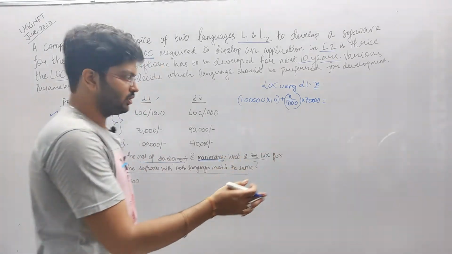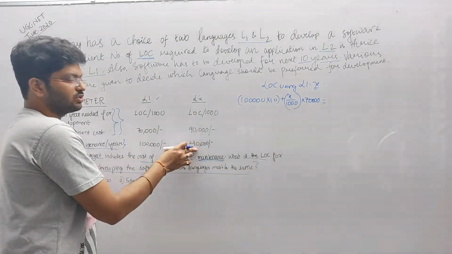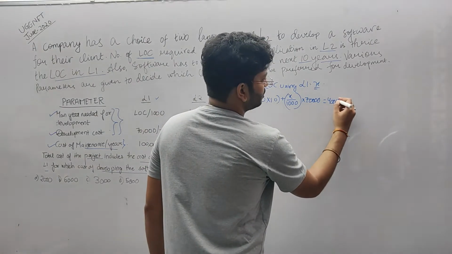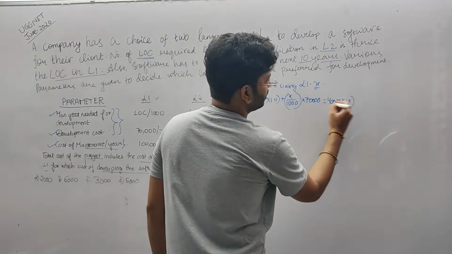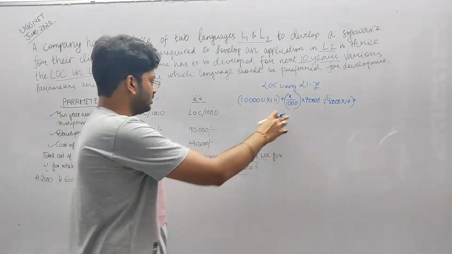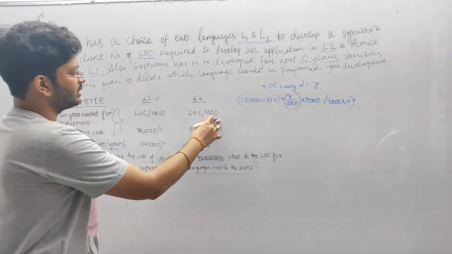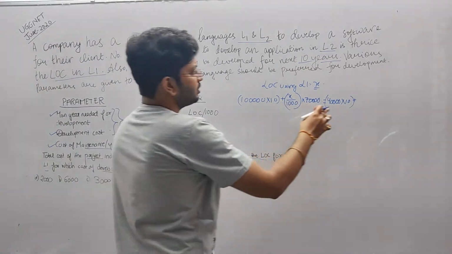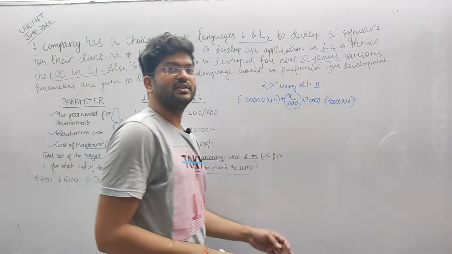Now I will go for L2. The maintenance cost is 40,000, that is 40,000 for 10 years, plus this part, LOC by 1000, and development cost is 90,000. But in case of L2, what will be the LOC, the lines of code?